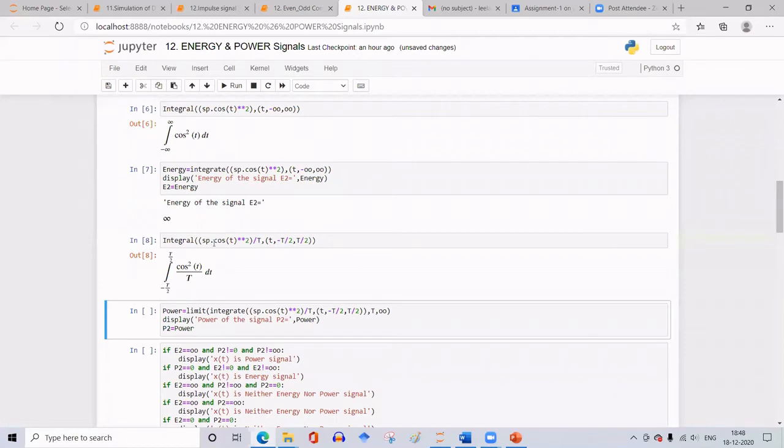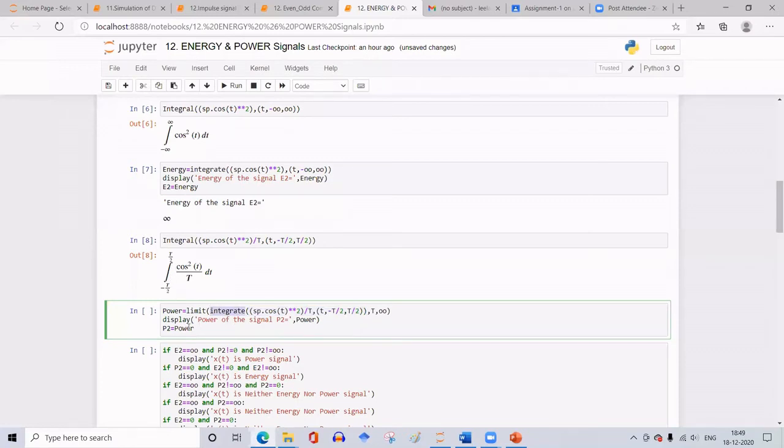So power of this signal is the integral from minus T by 2 to plus T by 2 of cos square of t, divided by T, into dt. Evaluate this integration and take the limit as capital T tends to infinity. So in the limit as T tends to infinity, evaluate the expression.